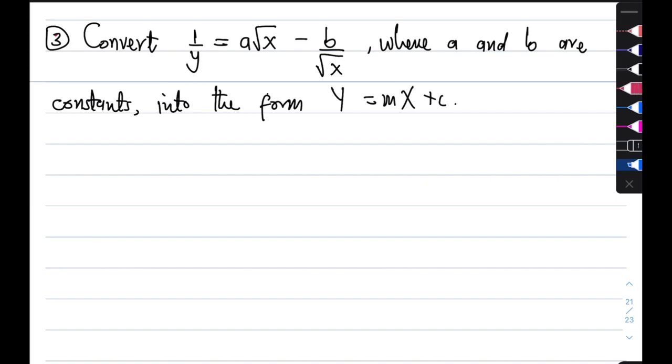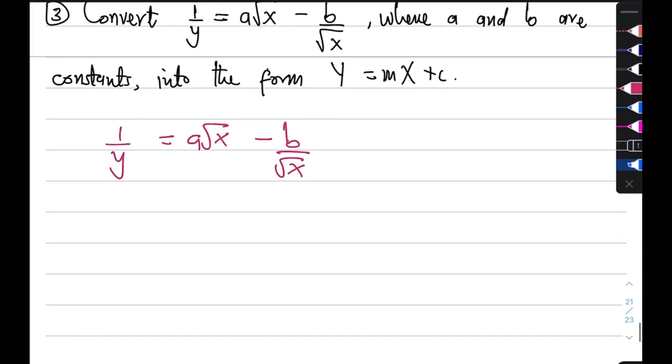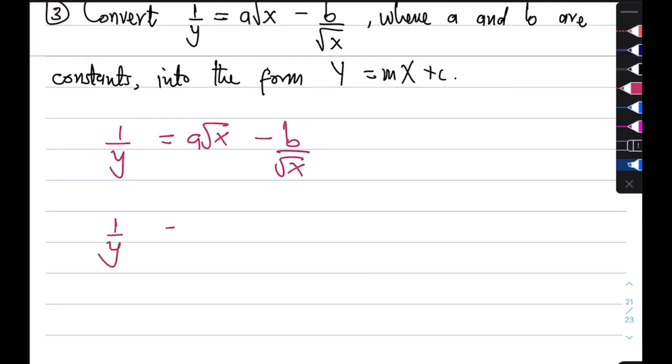All right. So if we have 1 over y is equal to a root x minus b over root x, then you may be thinking, well, can I just multiply through by root x so that the b now becomes my constant? Well, yeah, you can do that. So let's multiply through by root x.